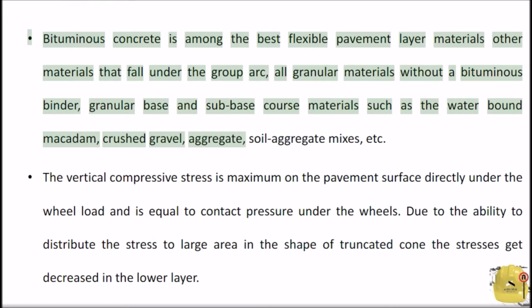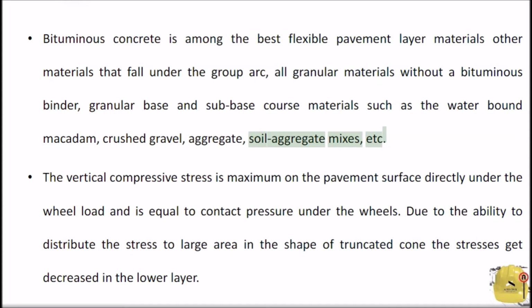Bituminous concrete is among the best flexible pavement layer materials. Other materials that fall under the group are all granular materials without a bituminous binder, granular base and sub-base course materials such as water-bound macadam, crushed gravel, aggregate, soil aggregate mixes, etc.